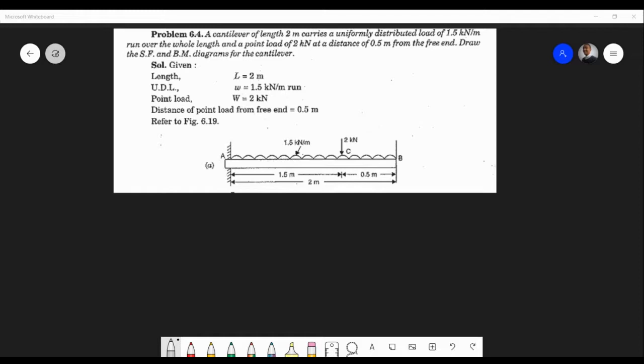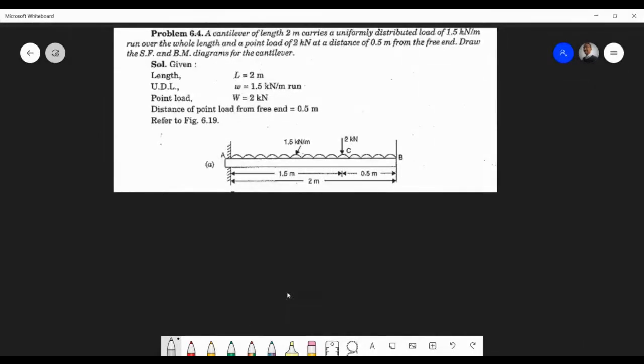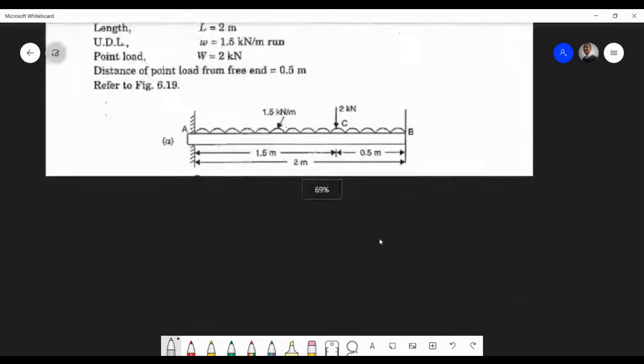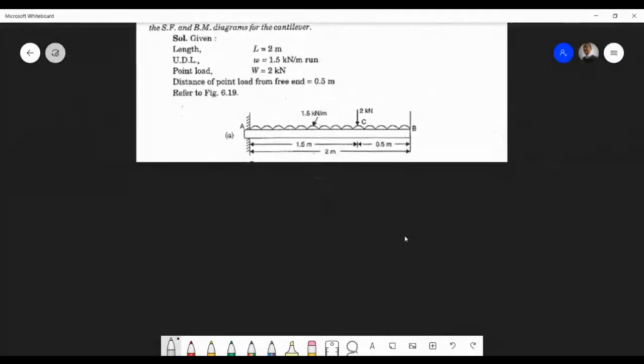I got 5 kilonewtons, I don't know if I'm right. Beautiful, it's 5. So let's see, how do we get that 5?